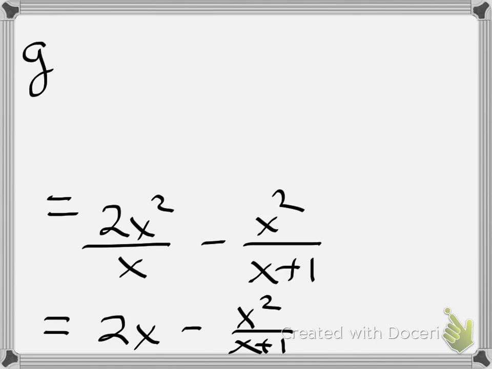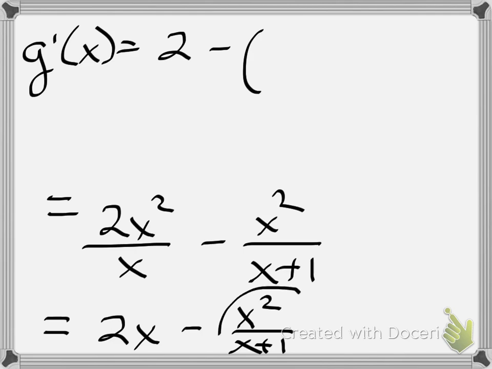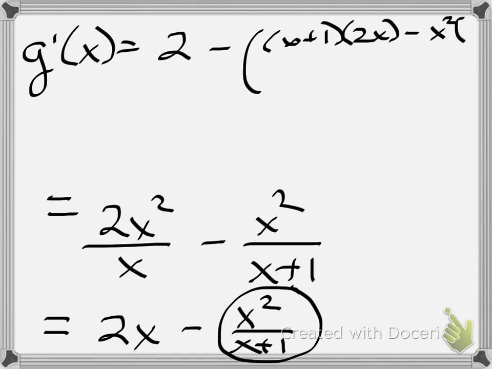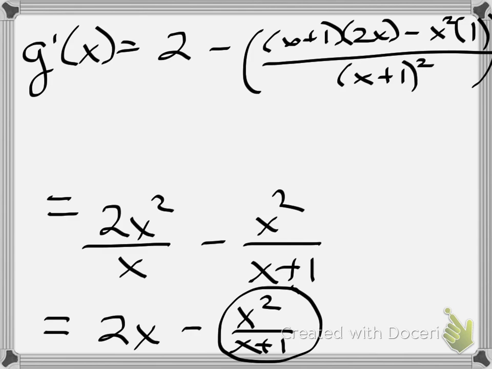So when we go to do our derivative of that first term, this is just a sum or difference now. So the derivative of 2x is 2 minus, and I'm going to start a parenthesis because now we have a quotient. So we're going to do low d high minus high d low all over low squared, and that is an x plus 1.